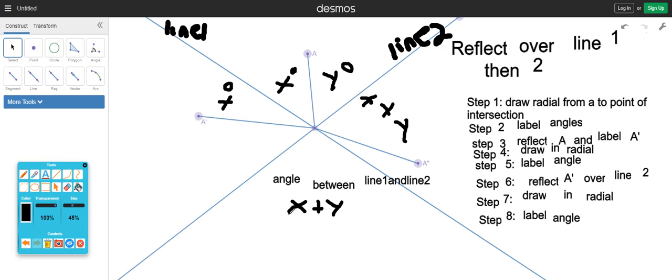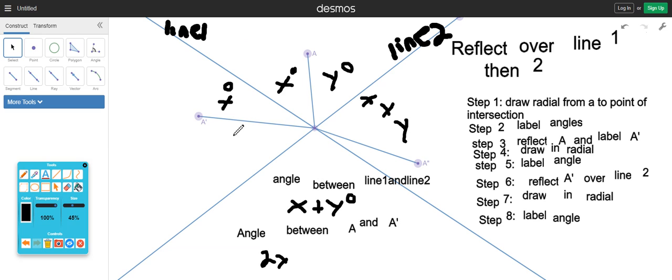And it is x plus y degrees, where the angle between A and A prime is 2x.